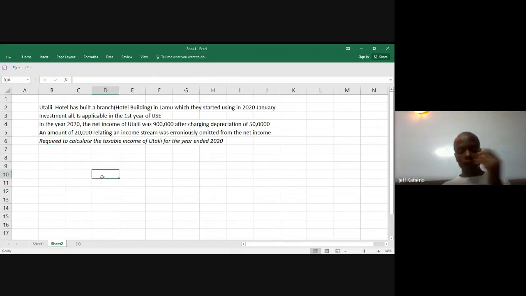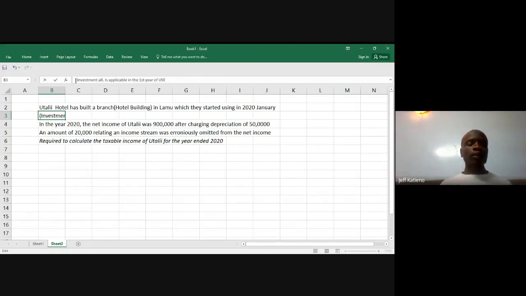Now let's go through it once more. Utalii Hotel has built a branch, some hotel building in Lamu, which they started using in January 2020. Investment allowance is applicable in the first year of use. So this is an aside. This is not part of the information you're given because you are expected to know this information by heart.